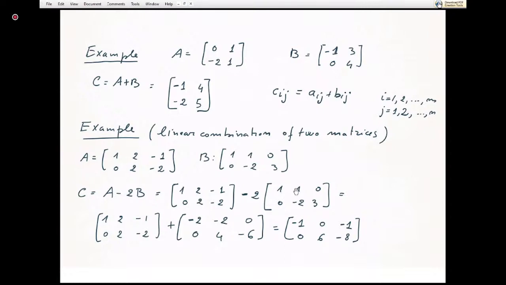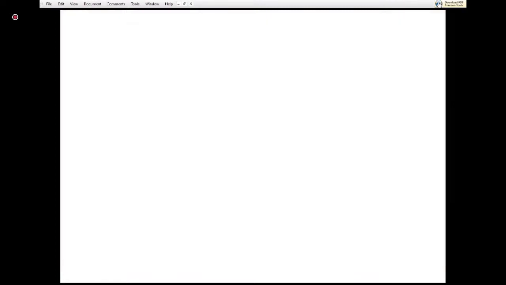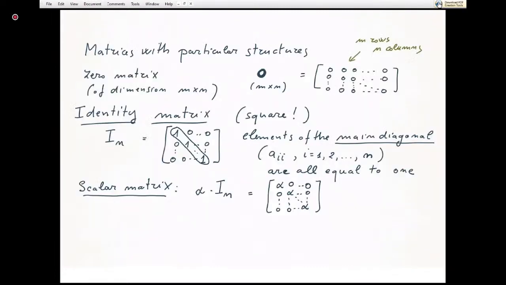So this becomes -2 minus 2, 0, 0, 4, minus 6, and then I compute the sum, and this is the result. Linear combination of 2 matrices. Linear combinations are particularly important in linear algebra with regard to vectors, okay? Linear combination of vectors is exactly the same. We have vectors instead of matrices, very typically column vectors. But the concept of linear combination is the same.